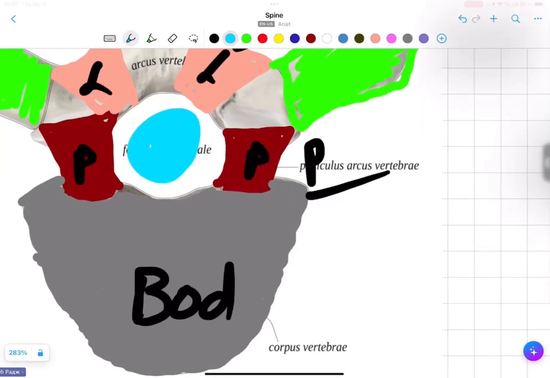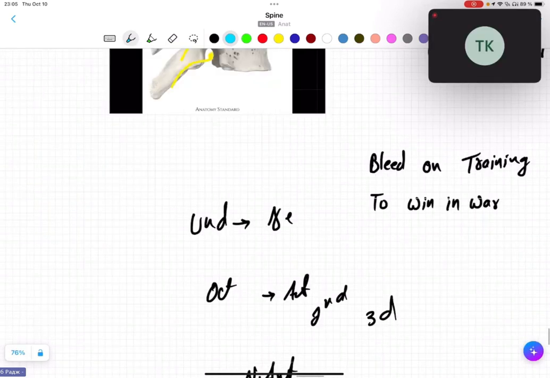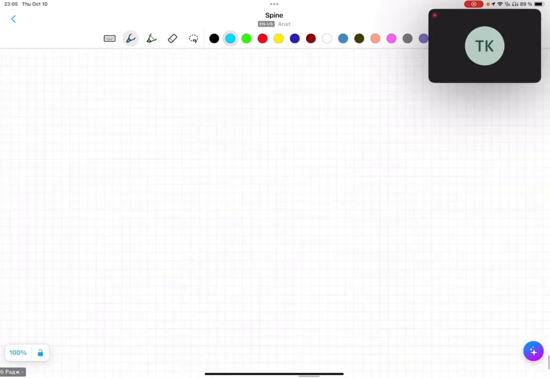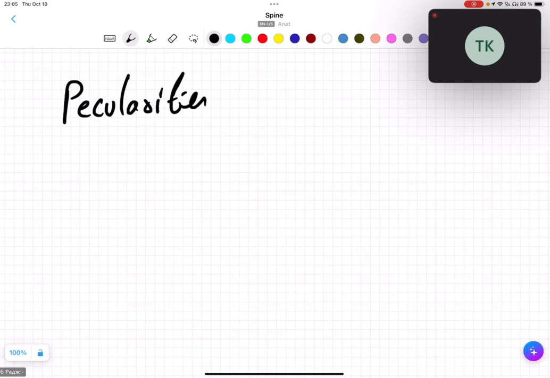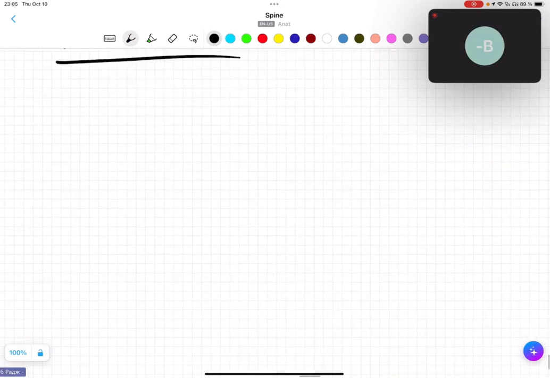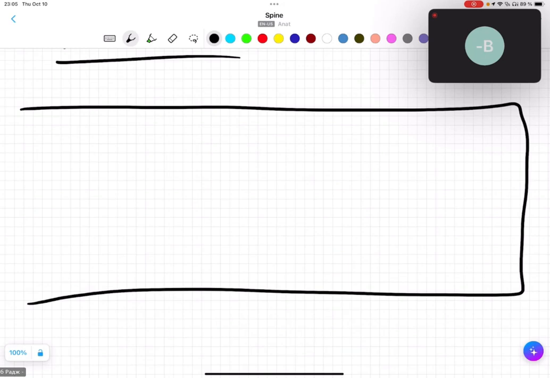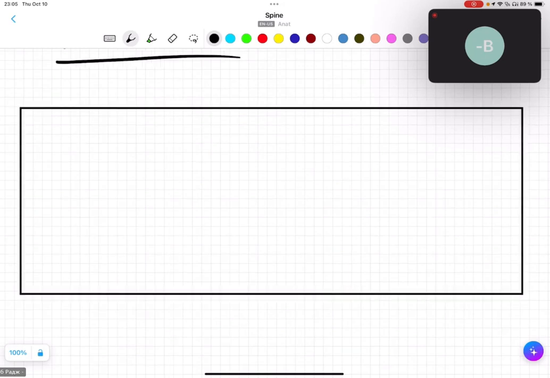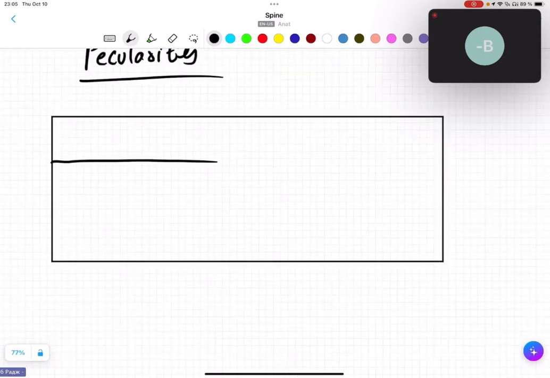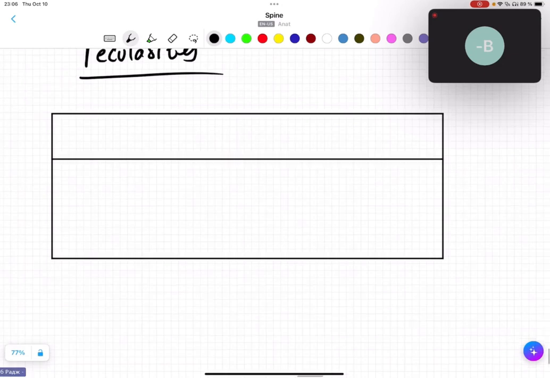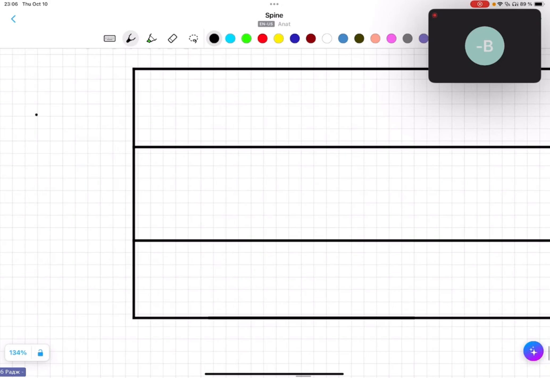Okay. Now let's go to the next topic where we will see specific peculiarities. I will make a box for you. One for cervical vertebrae, another for thoracic vertebrae, another for lumbar vertebrae.